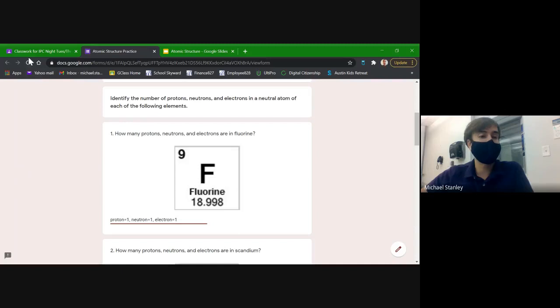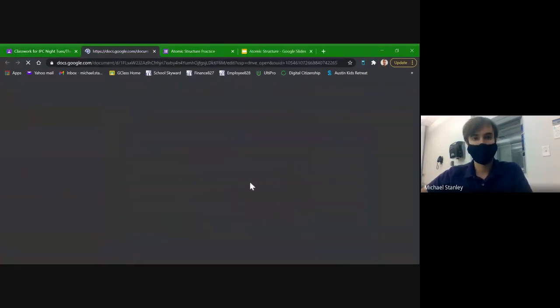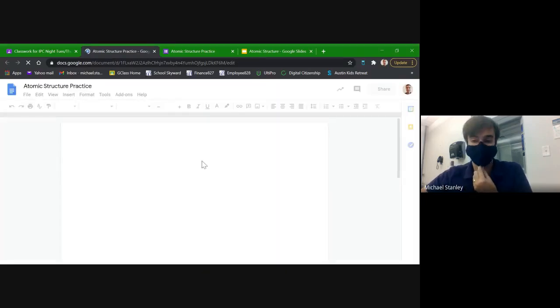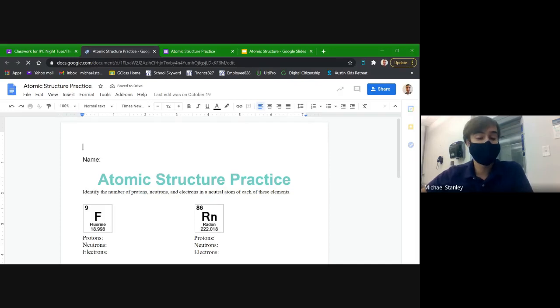Or if you would rather do it on the Google Docs version, it's essentially the same setup with the same questions. The only difference is there is a space provided for you to type in the number of protons, the number of neutrons, and the number of electrons. So you just fill in the spaces next to the words down here on the bottom.